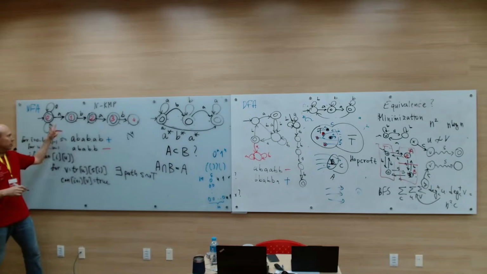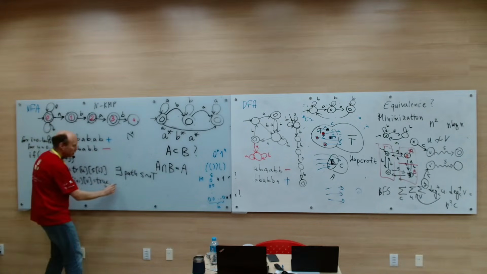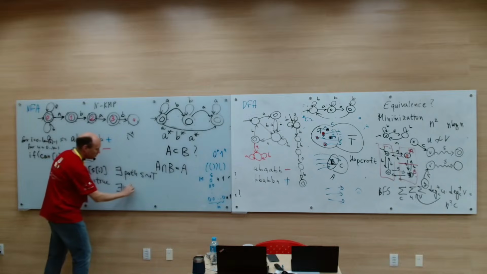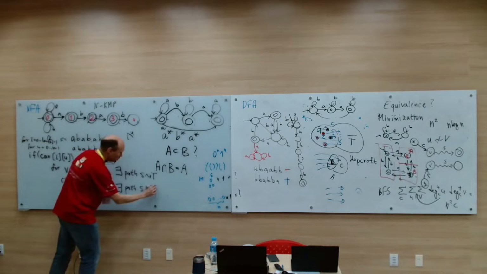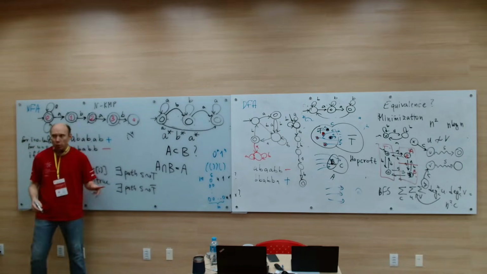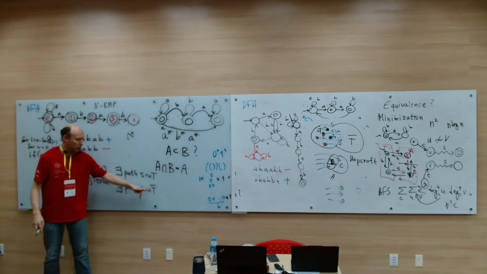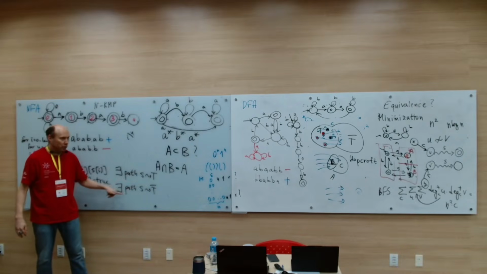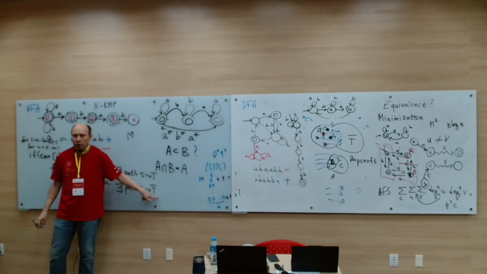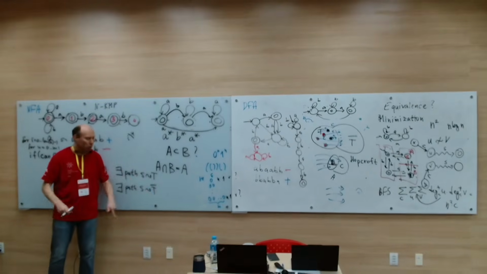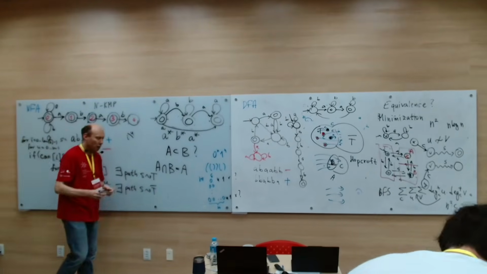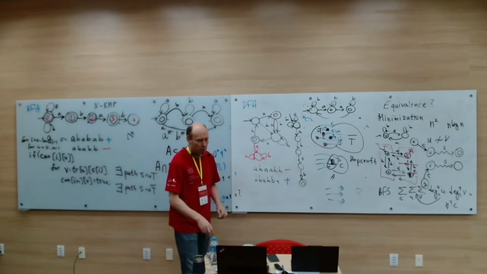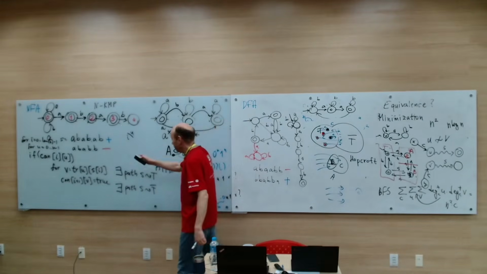But if we switch the states like this, we actually say exists path from S to non-terminal. There was a question in the break, what is T with the overline? That is the complement, all the others. So exists path from S to non-terminal is not the same as all paths from S to non-terminal. So this method doesn't, unfortunately, work for non-deterministic automatons.